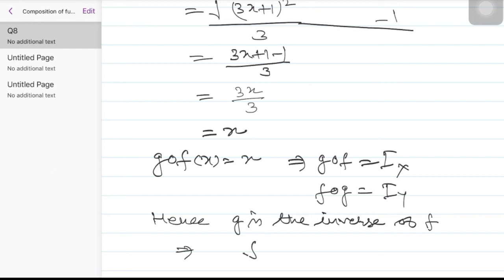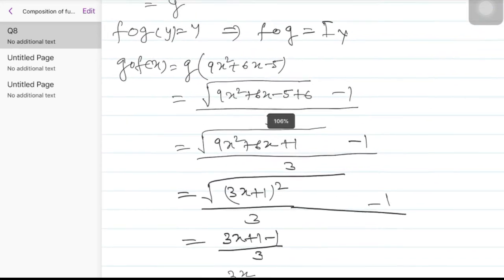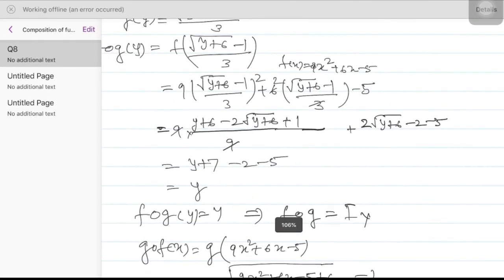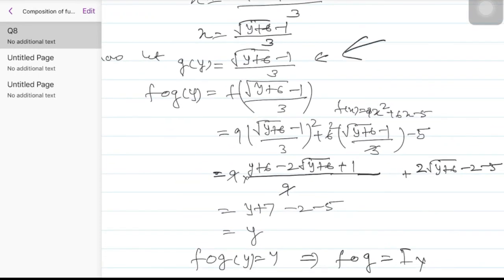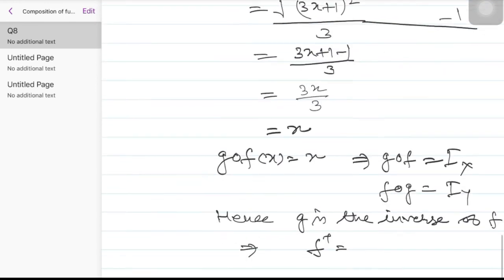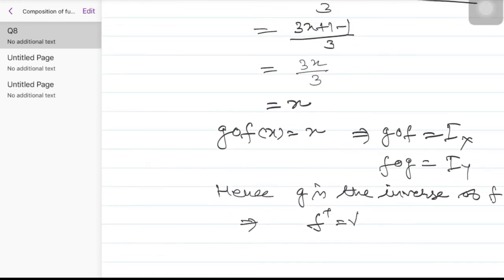It implies f inverse is equal to, we have defined g as the square root of y plus 6 minus 1 by 3. So f inverse will be the square root of y plus 6 minus 1 by 3. Hence proved.